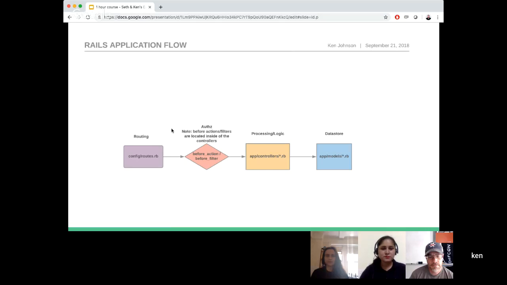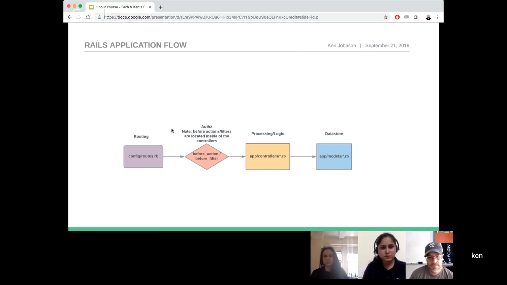Rails is very easy from a security code review standpoint, in the sense that things are always where they're typically supposed to be, meaning routes are almost always under config/routes.rb. And filters for authorization are typically always before_action and before_filter.